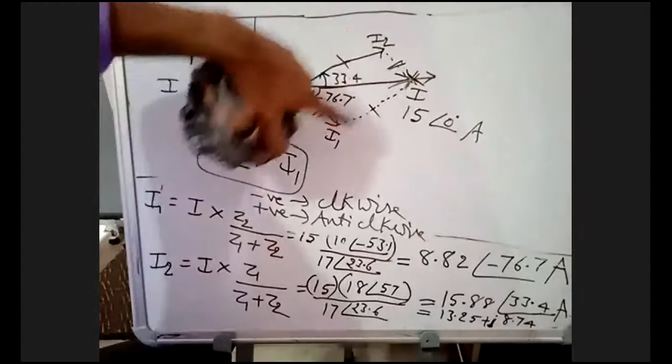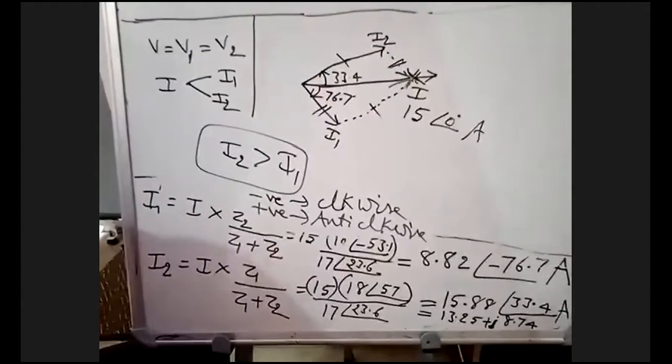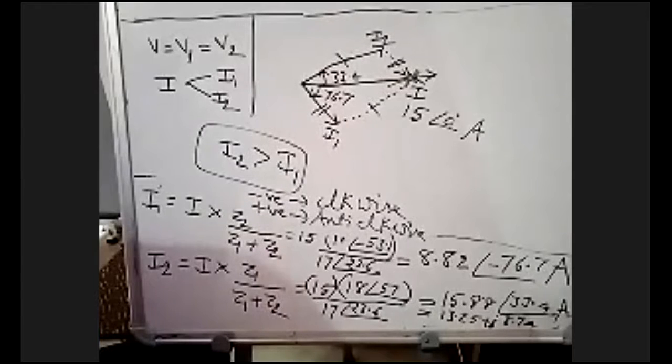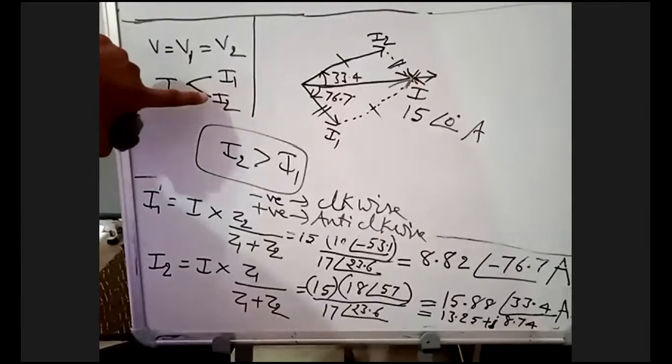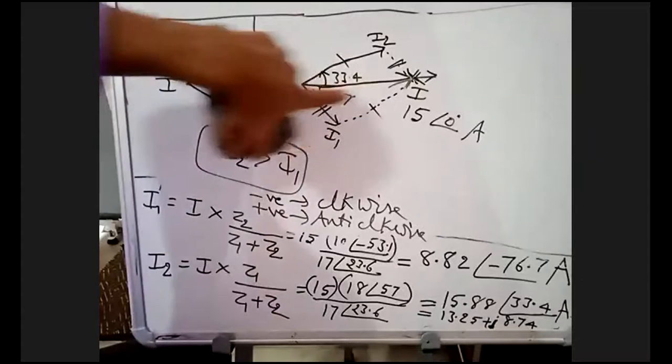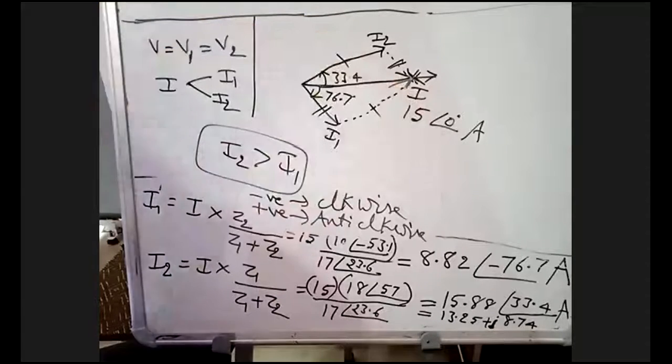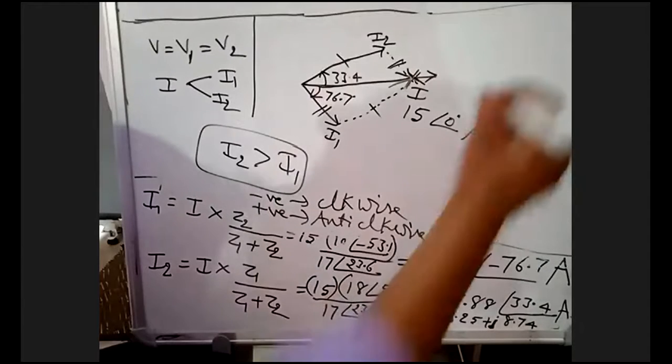This is the phasor diagram for I as the resultant of I1 and I2. In a parallelogram, the diagonal is the resultant, the I value.